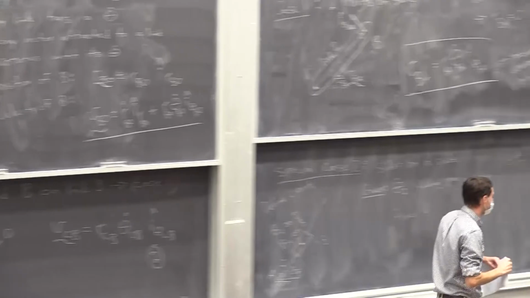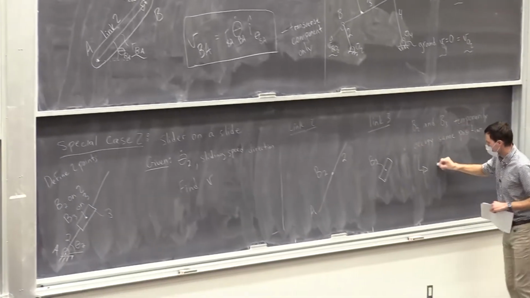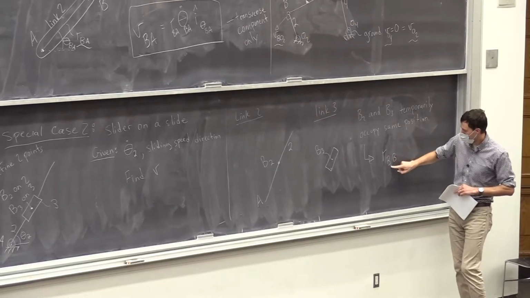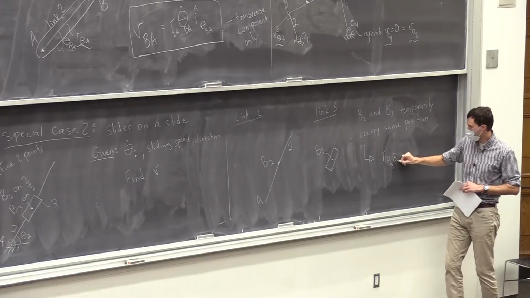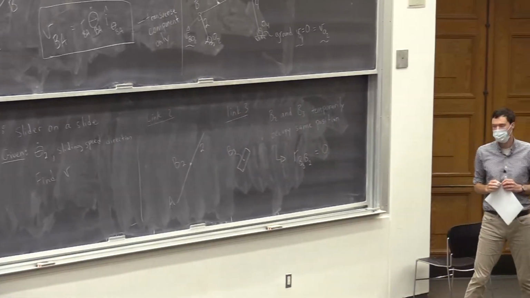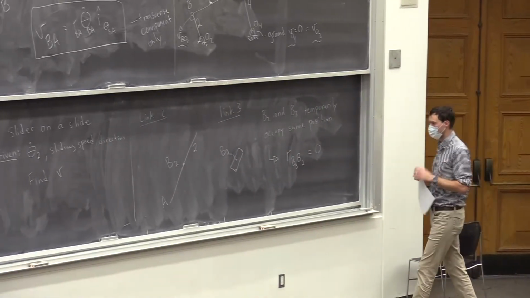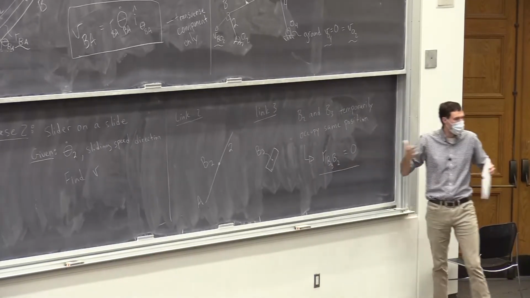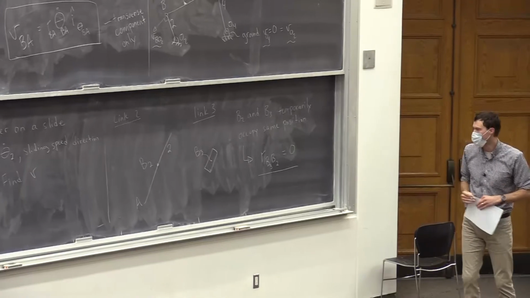If I choose these to be on top of each other, the distance between them, which we'd call r B3, B2, equals 0. Okay, so that's a trivial statement, right? They're at the same position, so r equals 0.